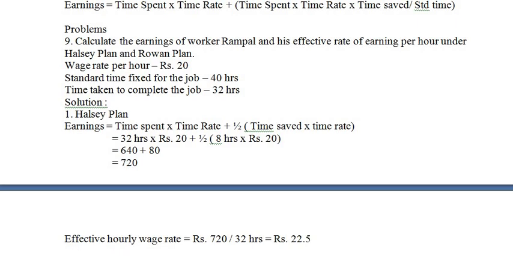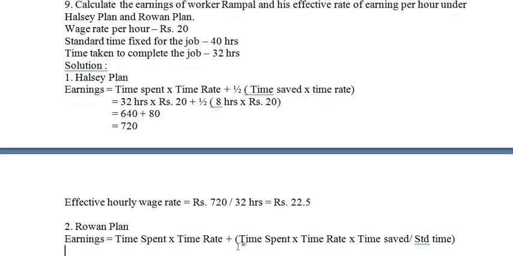Hope everybody is understanding this. So per hour he will be getting 22.5 rupees, and he has worked for 32 hours and for that earnings is rupees 720. So this is his earning under Halsey plan.